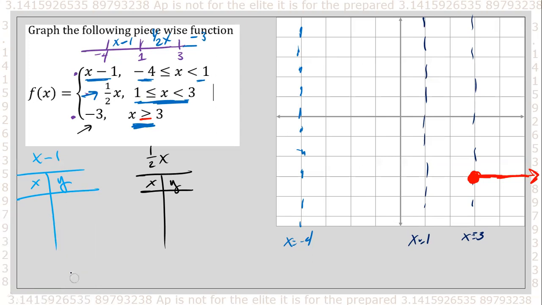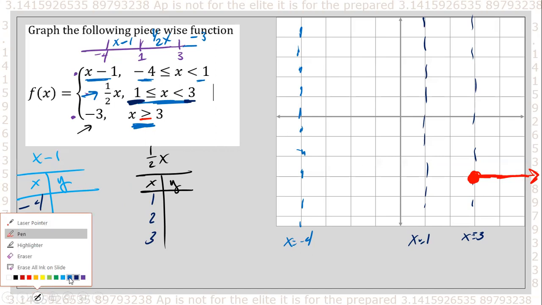Okay, so for the x minus 1 function, I'm picking all the numbers, let's say from -4 all the way to 1. So -4, -3, -2, -1, 0, and 1. Quite a bit. And for my other function, I'm going to pick the numbers between 1 and 3. So 1, 2, 3. All you have to do is substitute into your function and simplify, right?